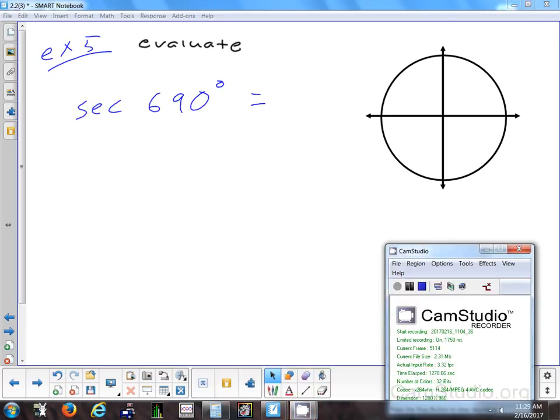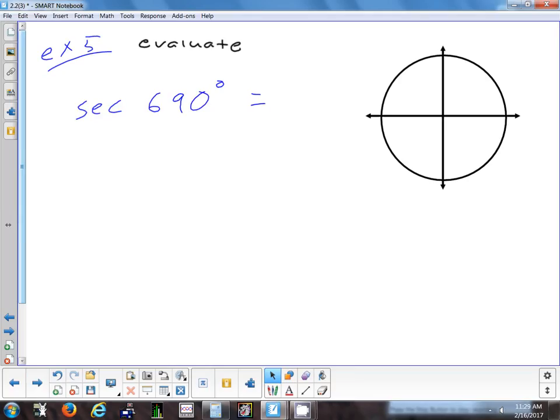All right, so as we take a look at 690 degrees, before you even think about getting the coordinate, what's a good idea to do first? Yeah, let's subtract 360, and what does that give you? 330.